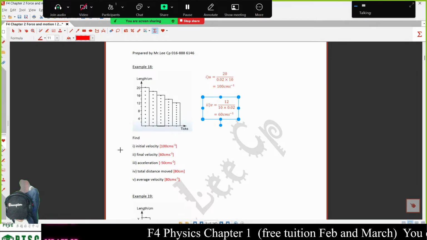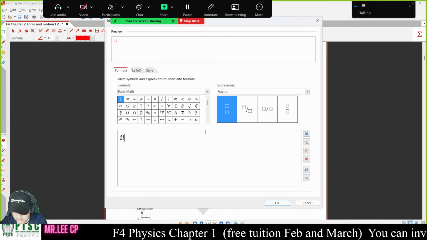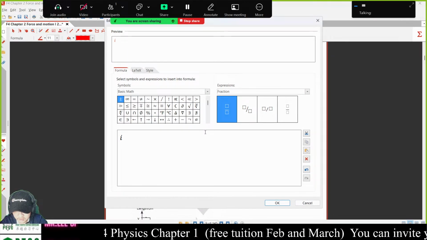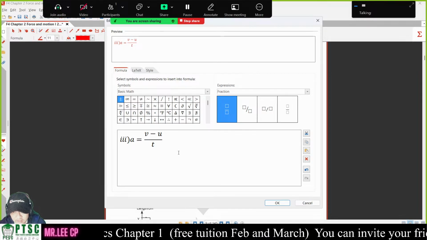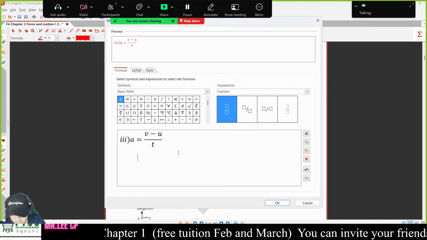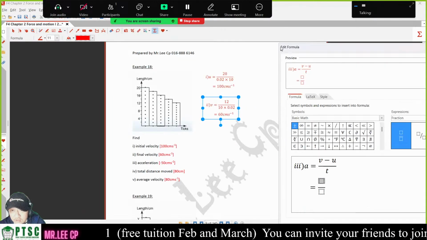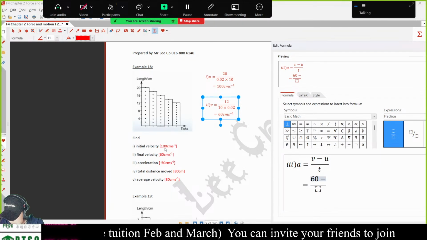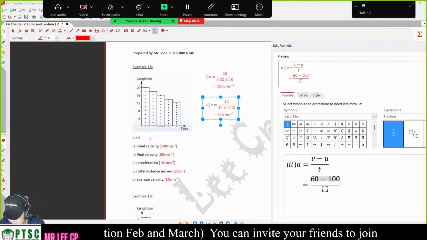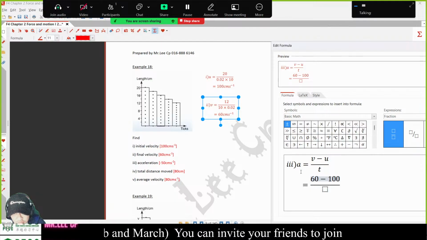After that, we are going to calculate acceleration. Number 3, acceleration. a is equal to v minus u over t. v, the final velocity, I got from here, 60, minus initial velocity, 100, over the time taken. 1 group, 2, 3, 4, 5 groups.